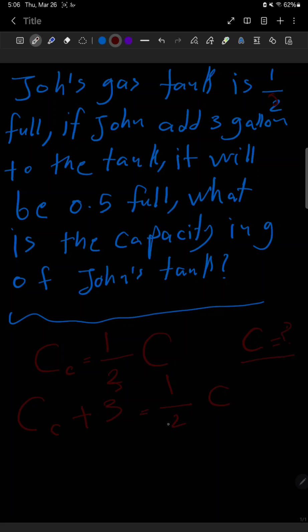Well, I have 2 equations with 2 unknowns. Pretty easy. I could either add those equations together or subtract them. I'm going to subtract them.